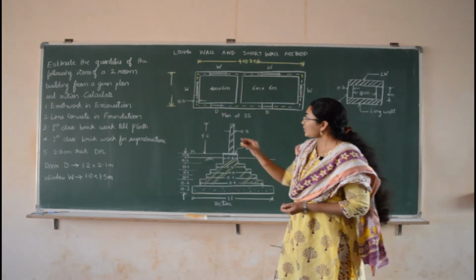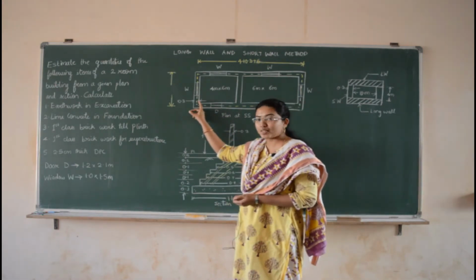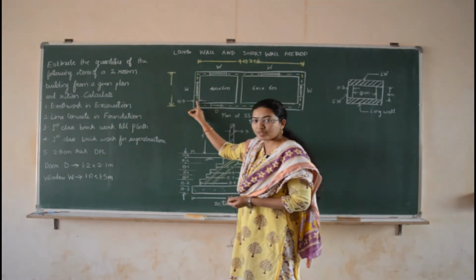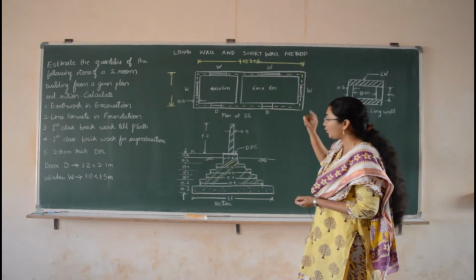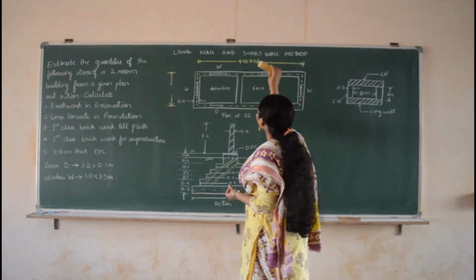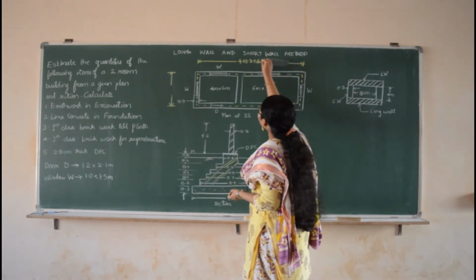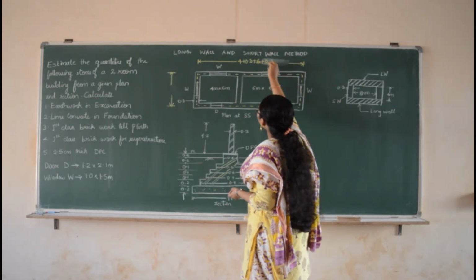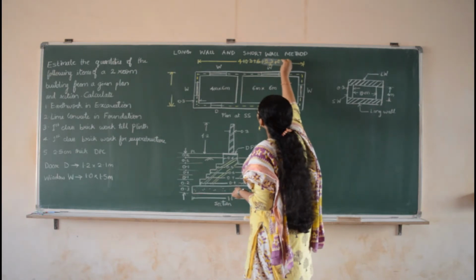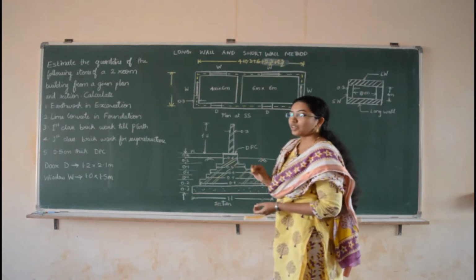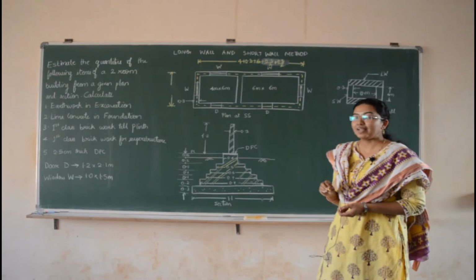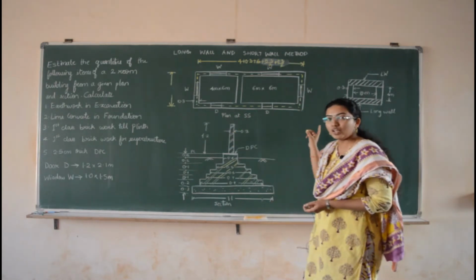But I am calculating center to center distance, so I have to add half of this 0.3, that is 0.3 by 2, and half of this 0.3, 0.3 by 2. The total will be the center to center distance for the long wall.